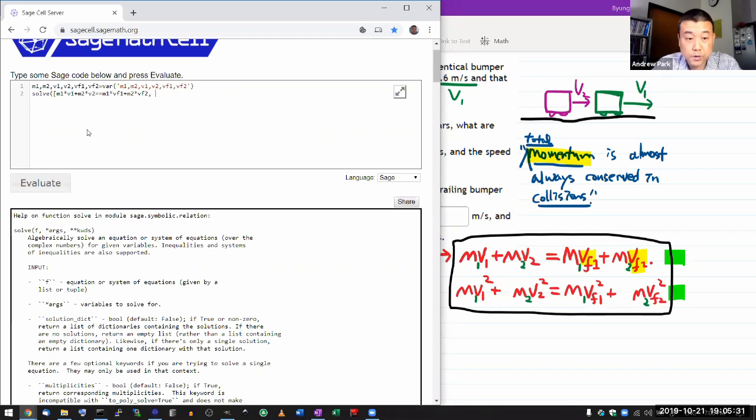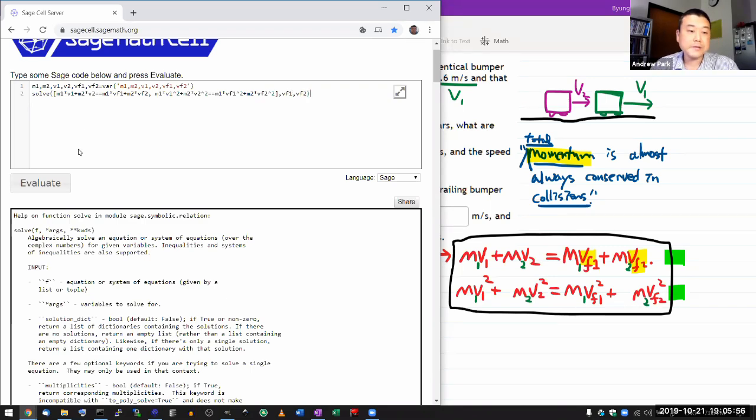I need my second equation. M1 times V1 squared plus M2 times V2 squared is equal to M1 times V final 1 squared plus M2 times V final 2 squared. All right, that's my system of equations, and I'm wanting to solve it for V final 1 and V final 2.